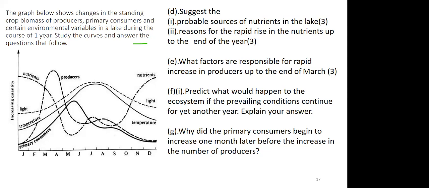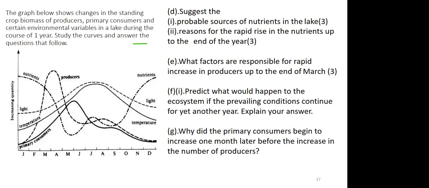So you mean the whole of next year? Are you telling us the whole of next year the producers will increase and remain high up there, then the consumers also increase and remain up there? The light intensity will increase and remain up there. Is that what you're telling us?